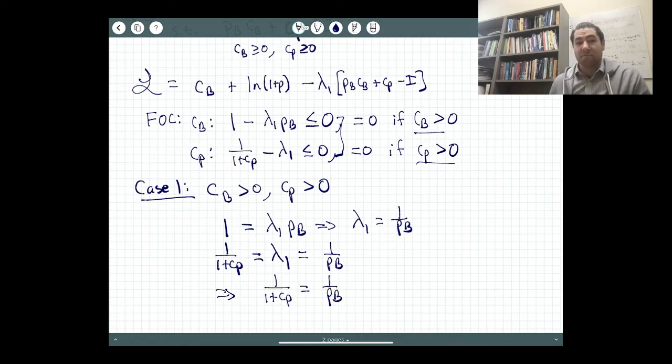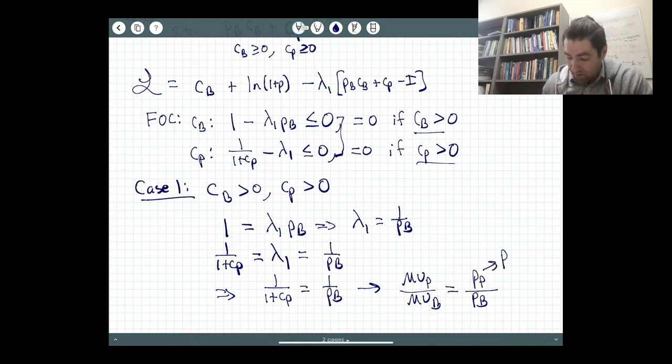Now if you look at that, that is exactly the marginal utility of pizza consumption over the marginal utility of beer consumption equal to the price of pizza, which is 1, divided by the price of beer, which is PB. So we still get marginal utility of pizza over marginal utility of beer equal to the price of pizza over the price of beer. It's just that in the way I set up the problem, the price of pizza is equal to 1, so PB is the relative price.